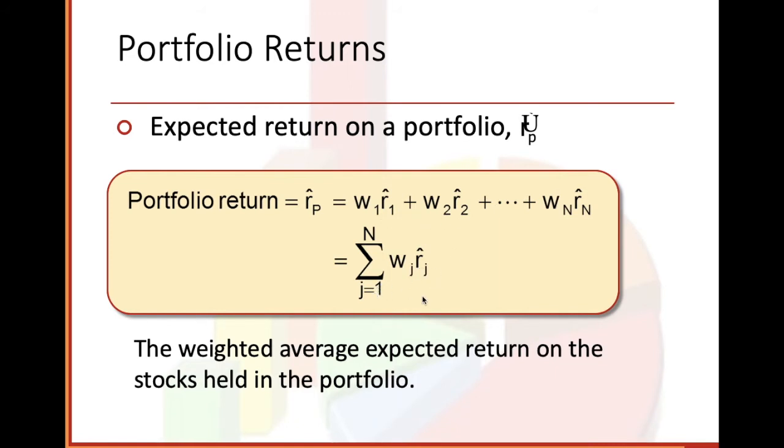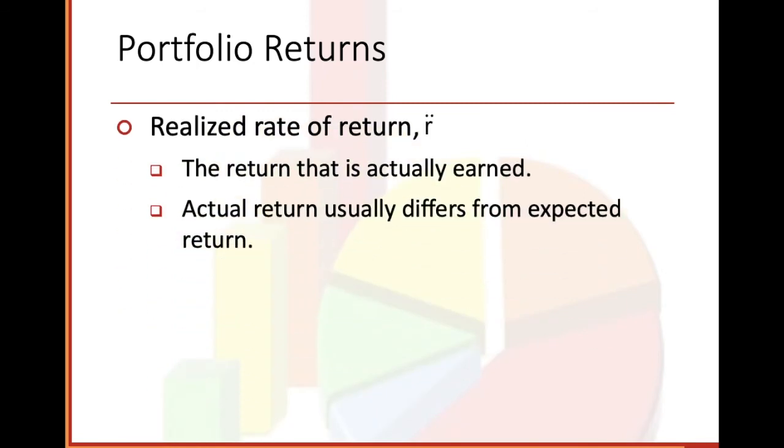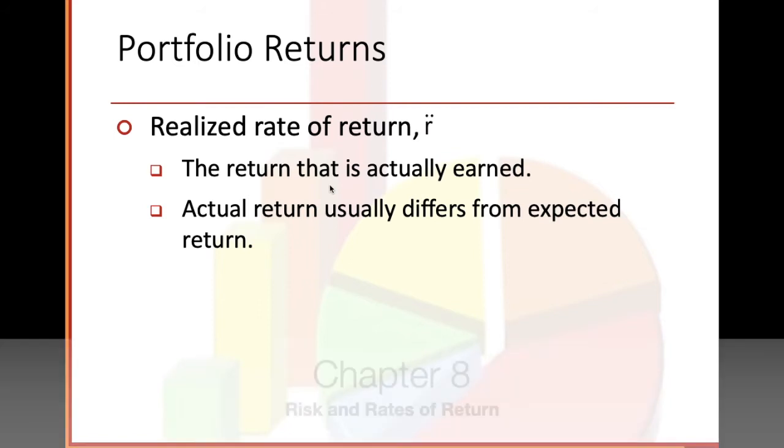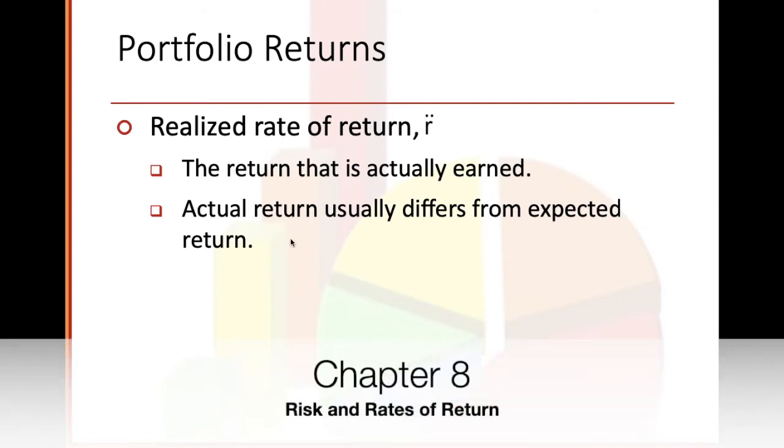It's the weighted average expected return on the stocks held in the portfolio. The realized rate of return is this r with the two little dots on top. It's the return that is actually earned. Actual return usually differs from expected return.